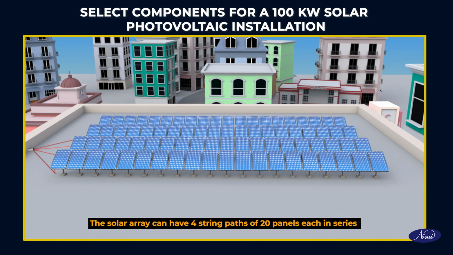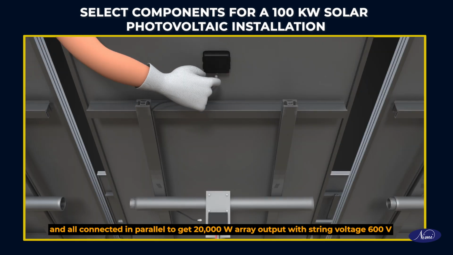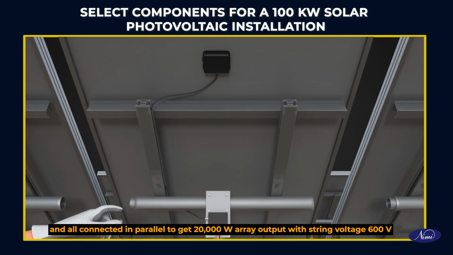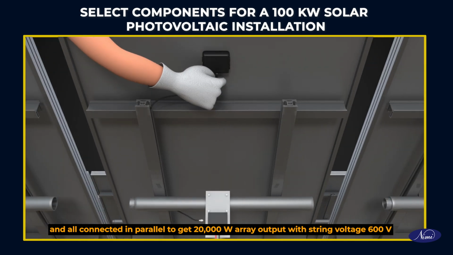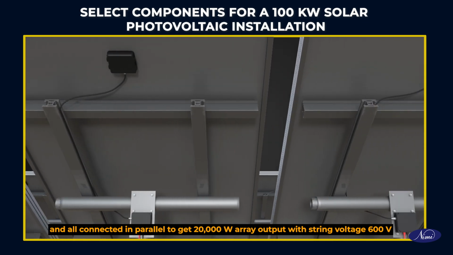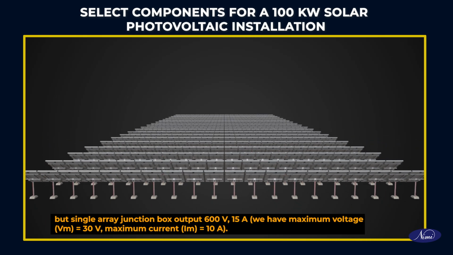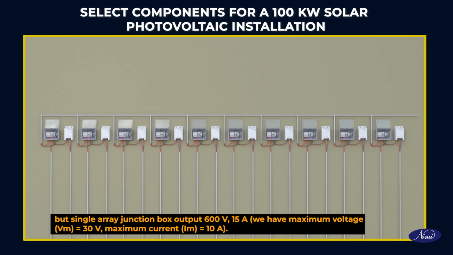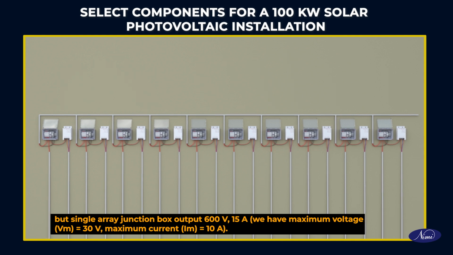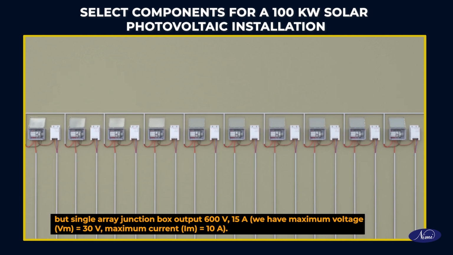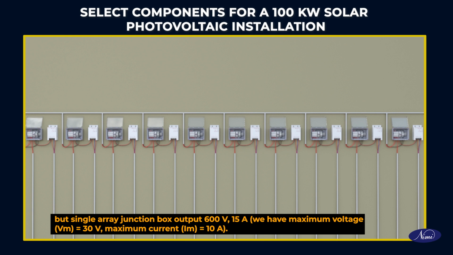The solar array can have 4 string paths of 20 panels each in series and all connected in parallel to get 20,000 watts array output with string voltage 600 volts, but single array junction box output 600 volts 15 amperes. We have maximum voltage Vm is equal to 30 volts, maximum current Im is equal to 10 amperes.